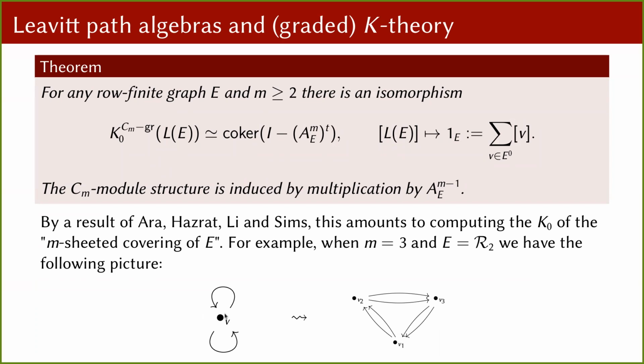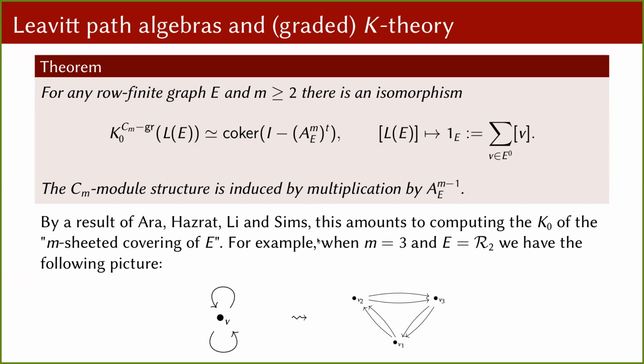And then for each original edge, we add an edge from one level to the next. So in this case, we have 2 loops. So 2 edges from a vertex to itself, which correspond to 2 edges from one level to the other. Okay, and so from this presentation, we can compute the graded K-theory as the co-kernel of the matrix associated to the covering, and then from that, we can reduce to the mth power of AE.